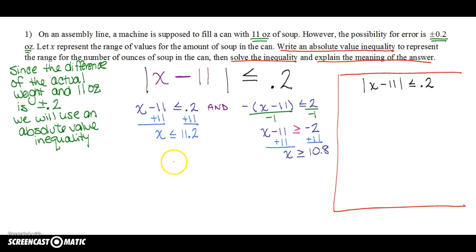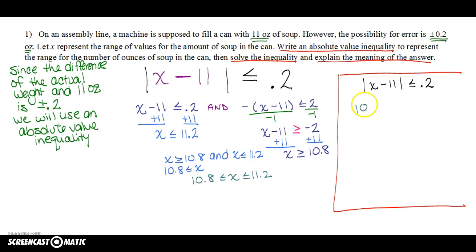So, we know that x is greater than or equal to 10.8, and x is less than or equal to 11.2. I'm going to flip this one around to create a set builder notation. And that is my solve the inequality.